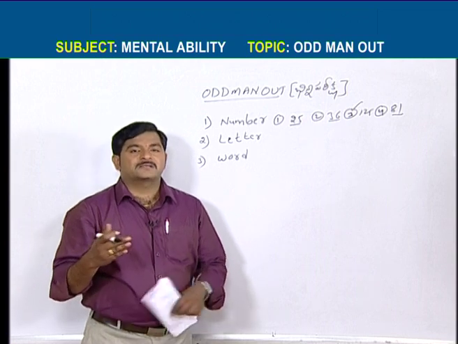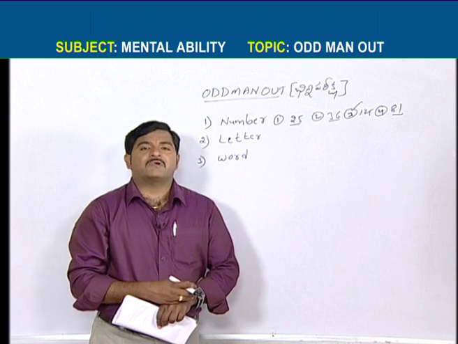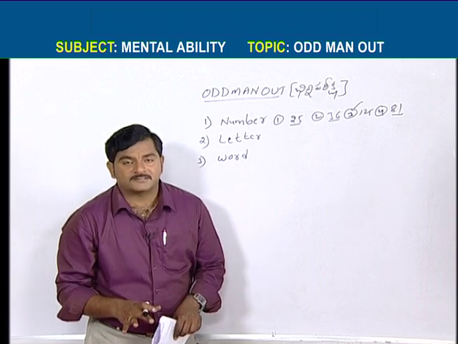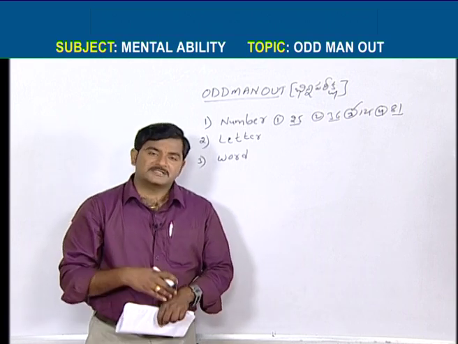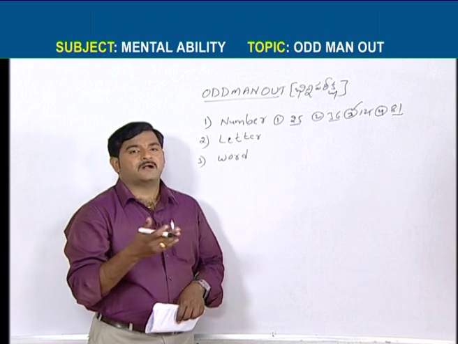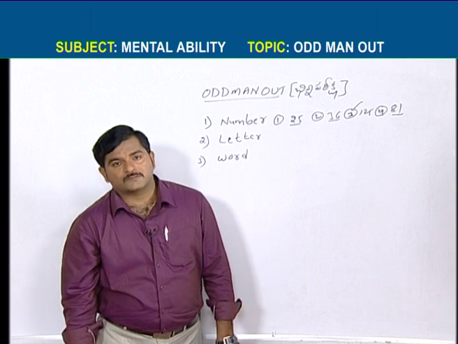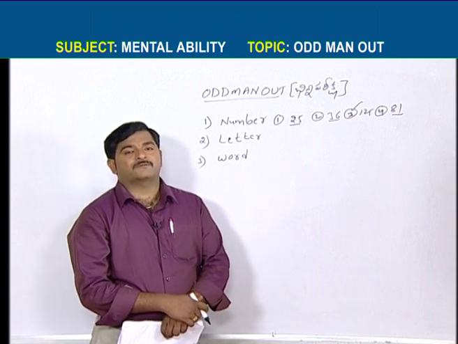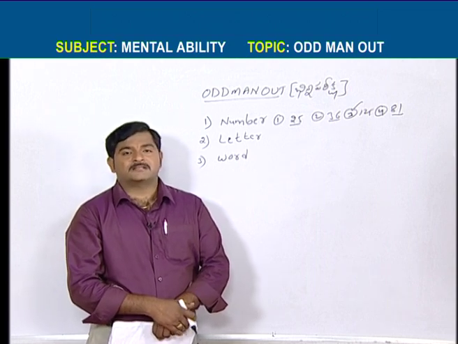Alternate concept, sum of the digits concept, product of the numbers concept, all the concepts we discussed in number series in previous sessions we are going to use for number odd man out also. Similarly the same concepts for letter odd man out and finally for word odd man out also. Now let us start by taking different types of questions on number, letter, and word odd man outs.